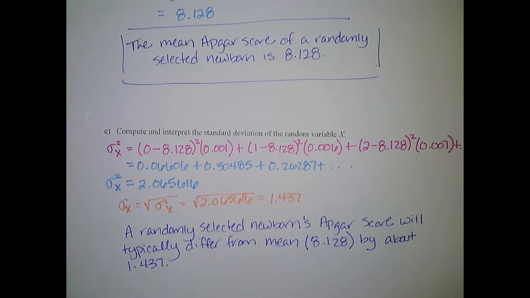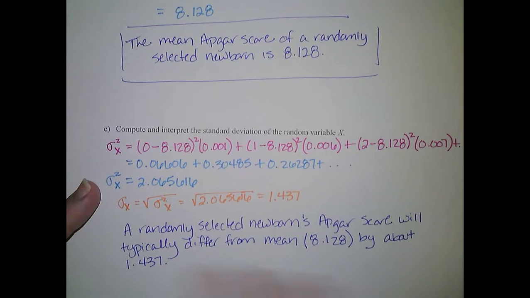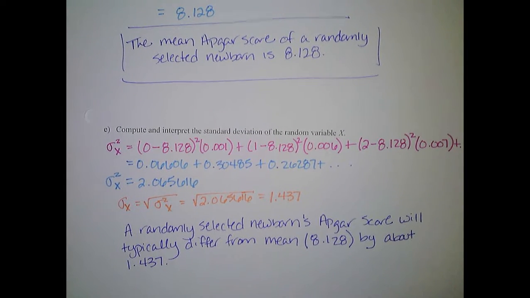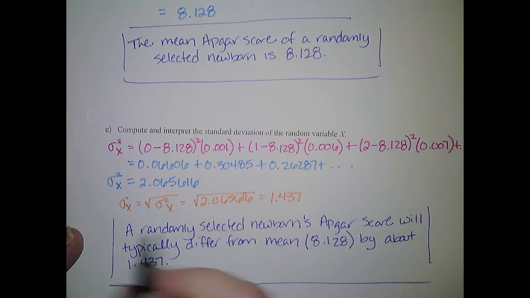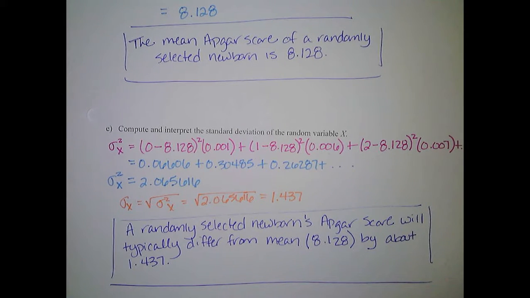In other words, a score that's 1.437 points above or below the mean, 8.128, we would consider within the typical range for APGAR scores.